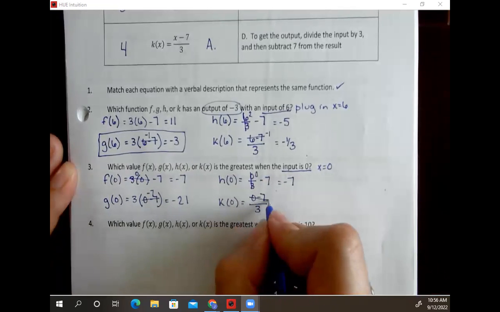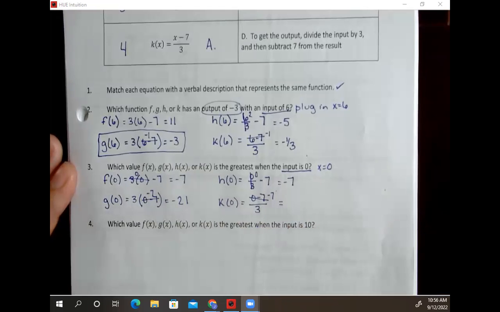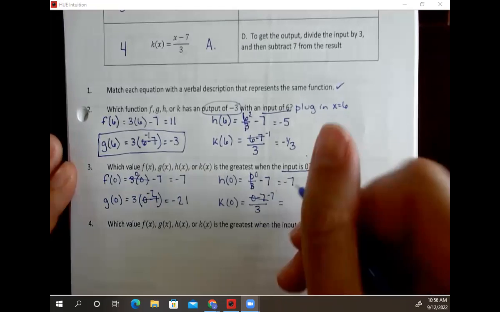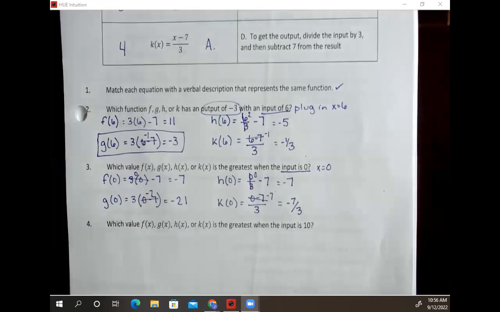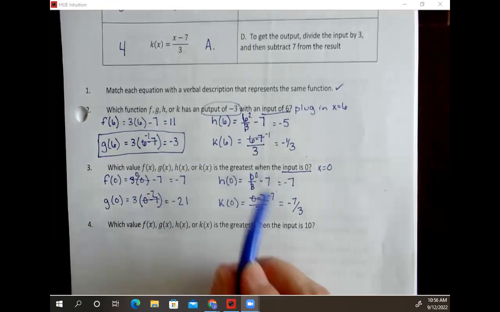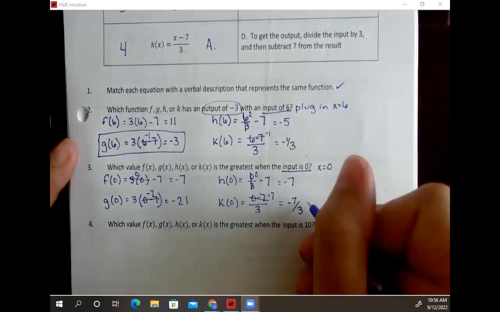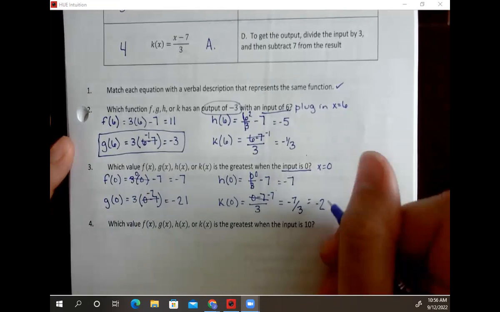On top, 0 minus 7 is negative 7. And then negative 7 doesn't divide evenly by 3. Since this is reduced, I can leave it as that improper fraction if I wanted to. Our goal here is to decide which of these function values is greatest. So if it's helpful for me, I can change this to a mixed number as well. So this would be negative 2 1/3.